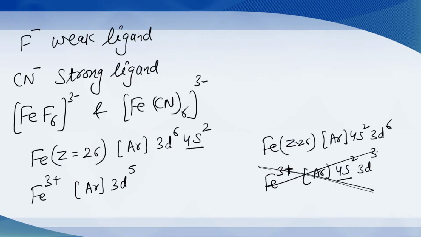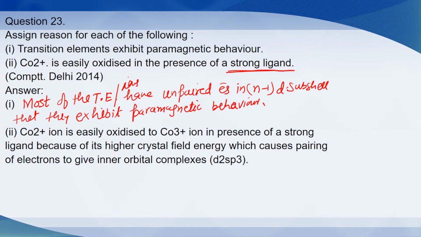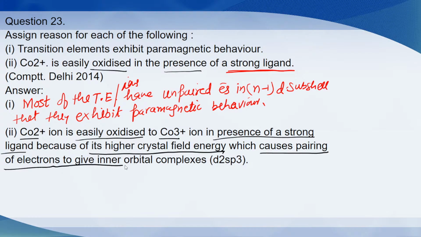So the question is, Co2+ is easily oxidized in the presence of a strong ligand. See, Co2+ is easily oxidized to Co3+ in the presence of a strong ligand because of its higher crystal field energy, which causes pairing of electrons to give inner orbital complexes.